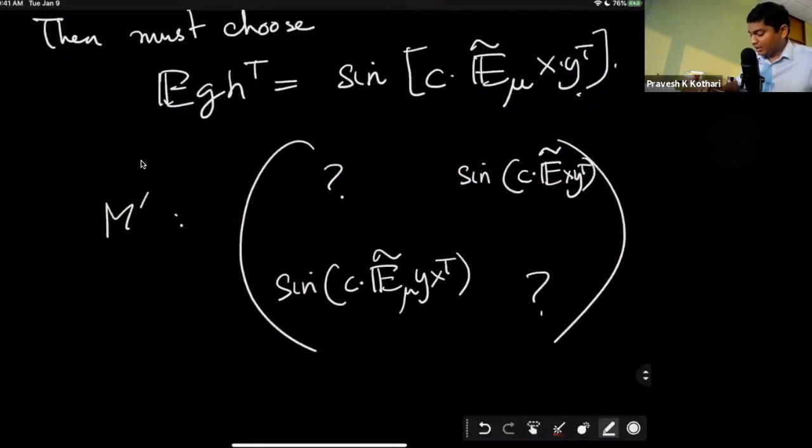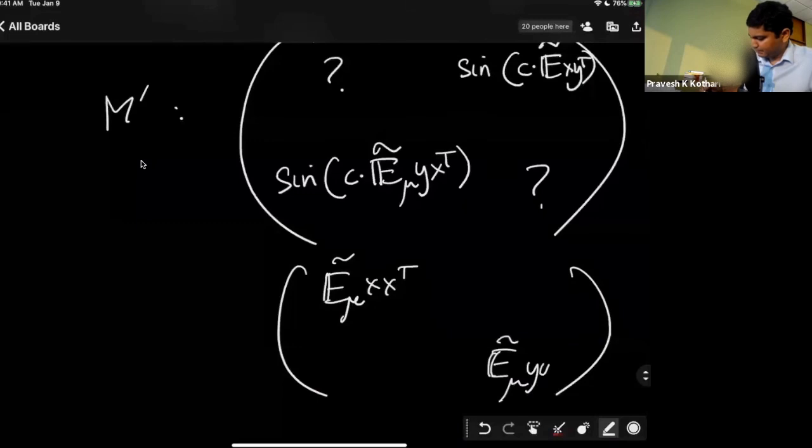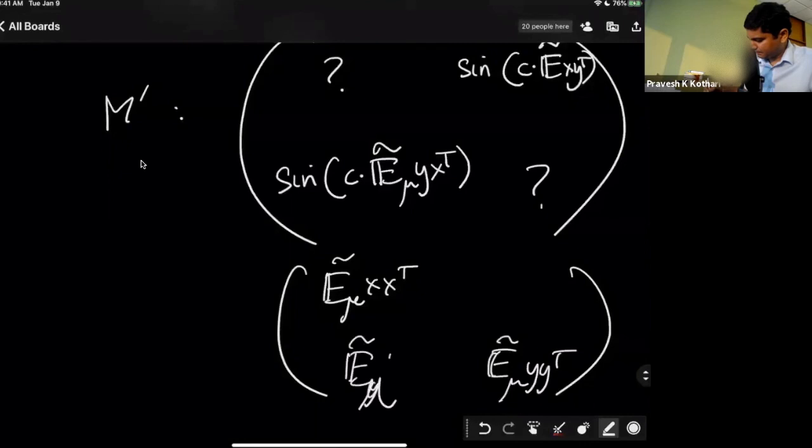Now remember that we started with M. So M looks like this. M has diagonal blocks XX transposed, YY transposed, and off-diagonal blocks YX transposed and XY transposed.